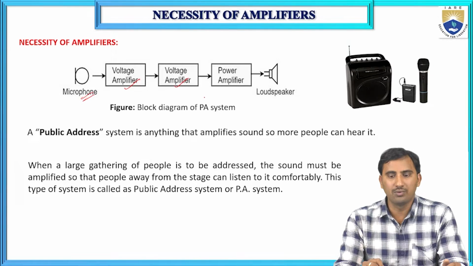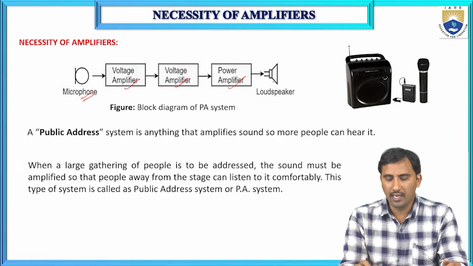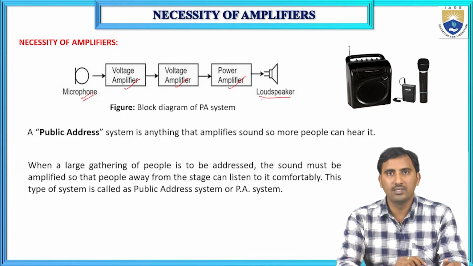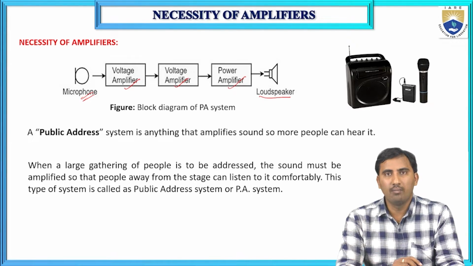Two voltage amplifiers we are using here, the last stage is the power amplifier, and finally we are using a loudspeaker. So these are the main modules or components used in the public address system. PA system means public address system.